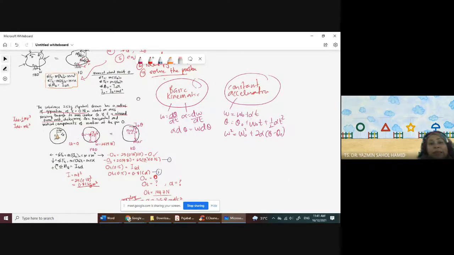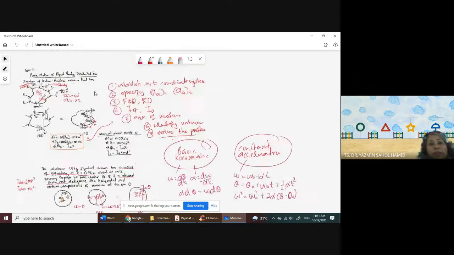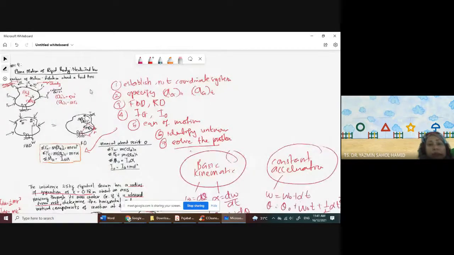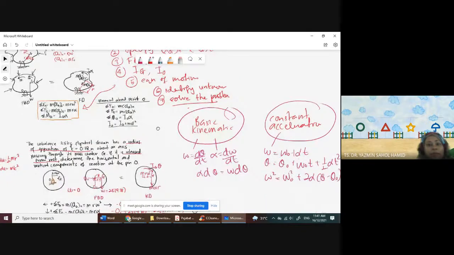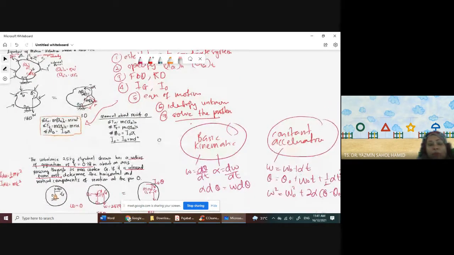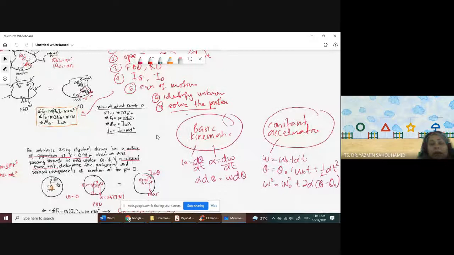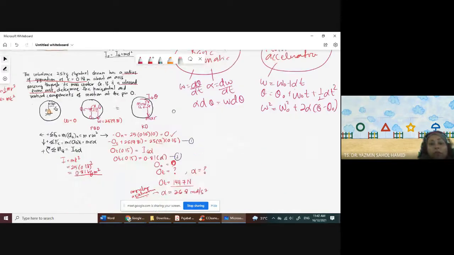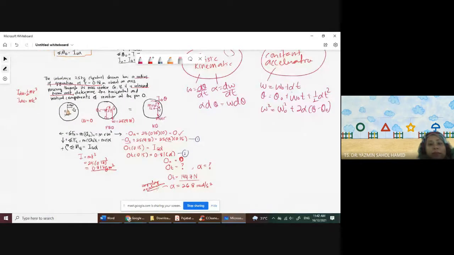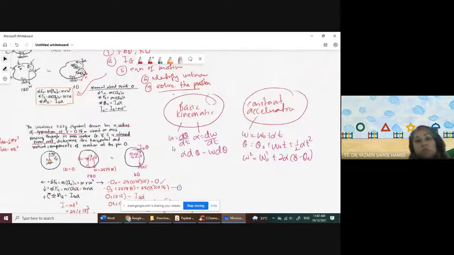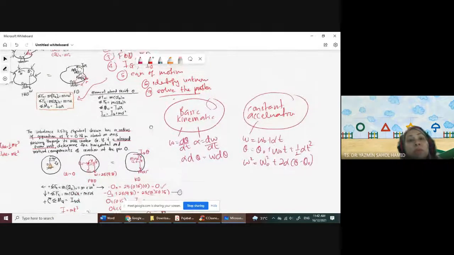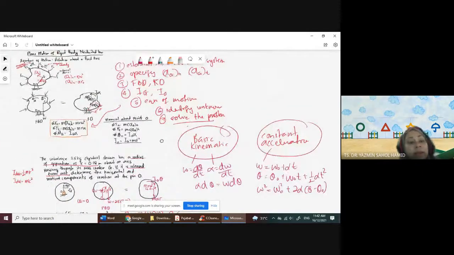But the important thing is you know that if you get this kind of questions, you need to establish the n and t coordinate system, specify the normal and tangential component of acceleration, draw the free body diagram, kinetic diagram, identify the moment of inertia, IG, use equation of motion, identify what are the unknowns, and you can solve the problem. If you understand this concept, I believe if you ada soalan yang susah pun, macam mana pun, you can still survive and still can solve the problem.